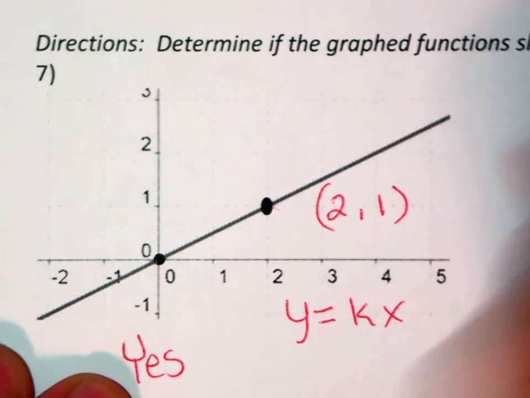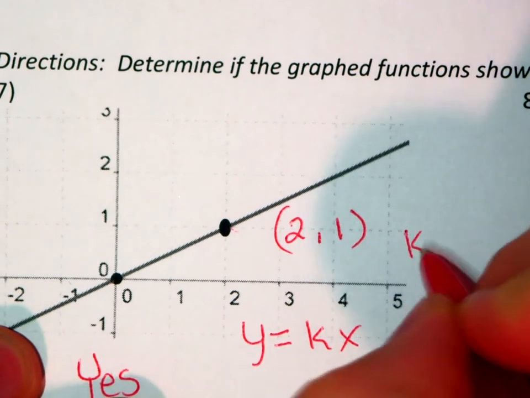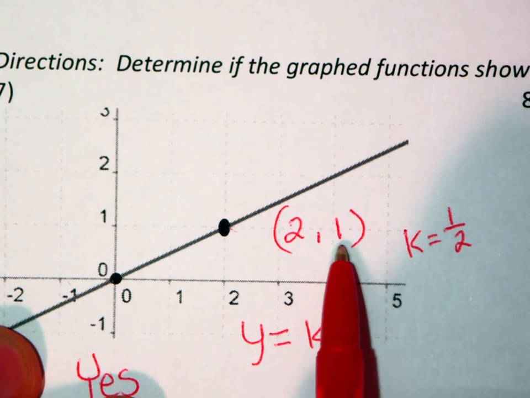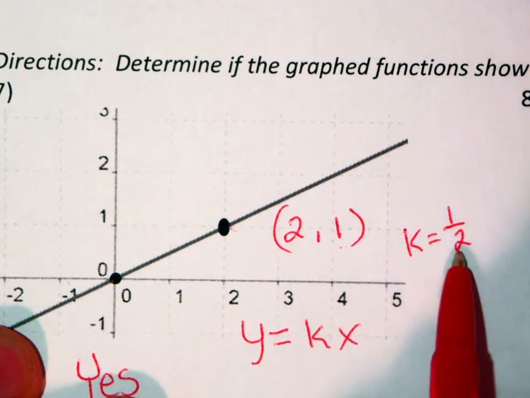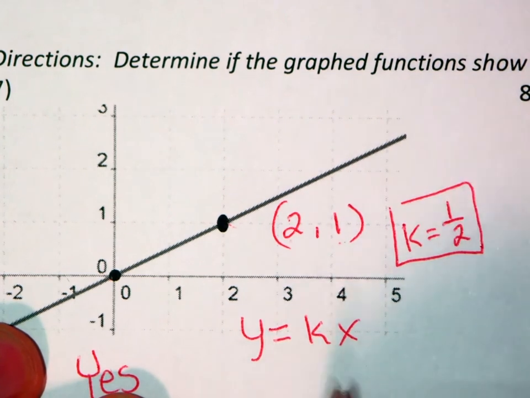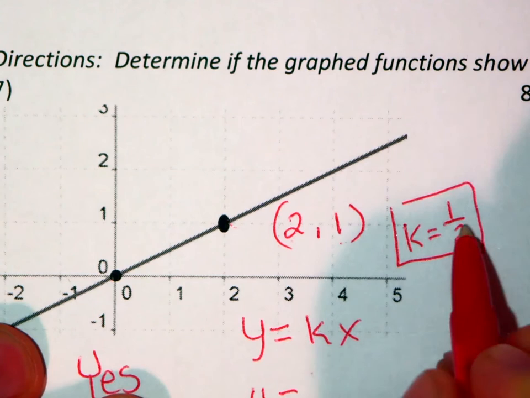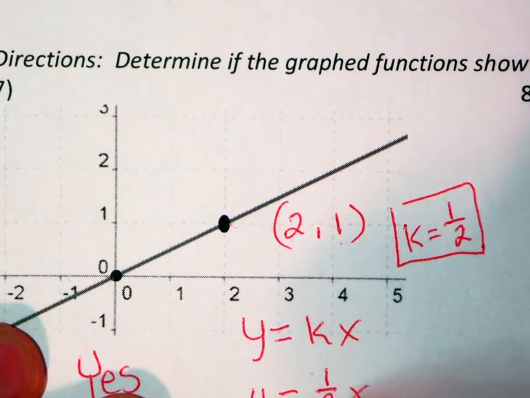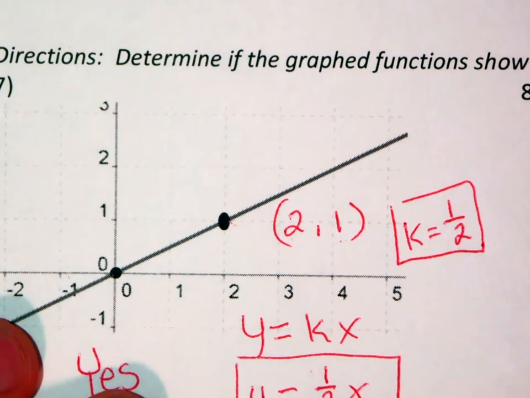K equals y over x. My value for y, my value for x. So now that we know what k equals, we simply plug it into our equation of a line that we've been using in class. Y equals, instead of k, I'm now going to write its numerical value, so 1/2 x. That is our equation of the line.